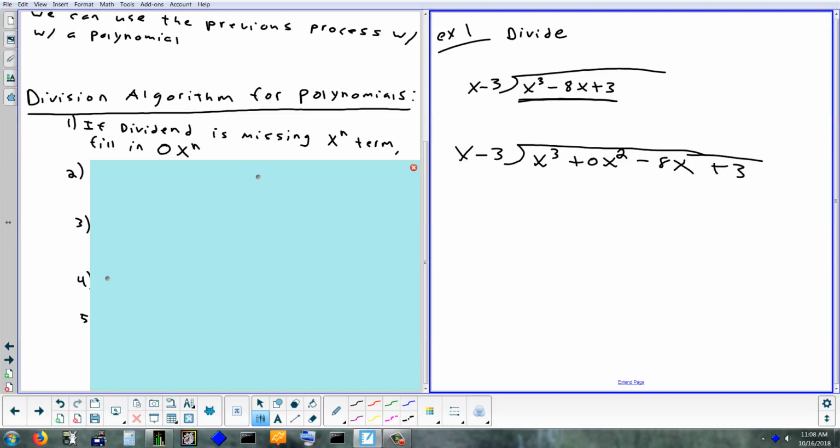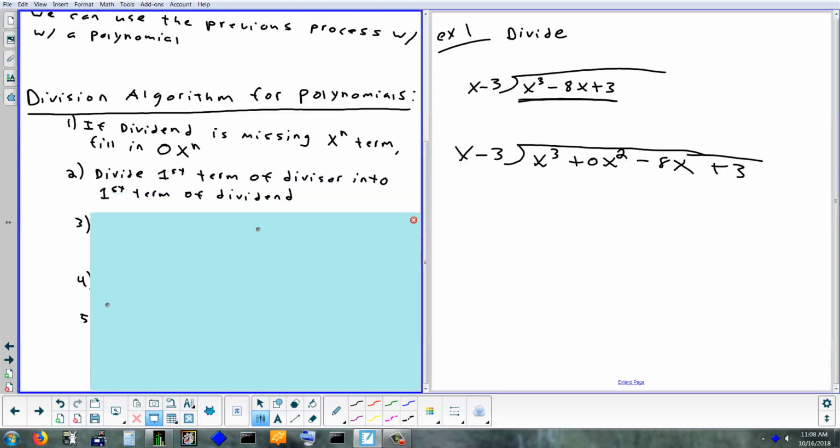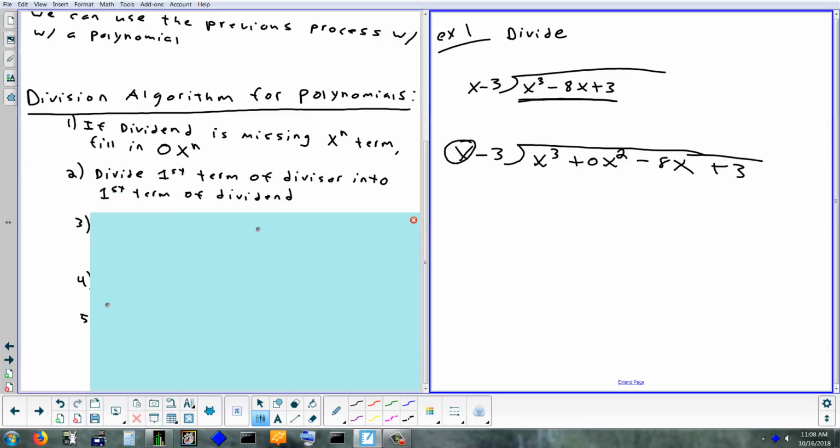Okay, step 2 is to divide the first term of the divisor. That's the thing on the outside, and I just circled the first term. Divide the first term of the divisor into the first term of the dividend. That's the thing on the inside.